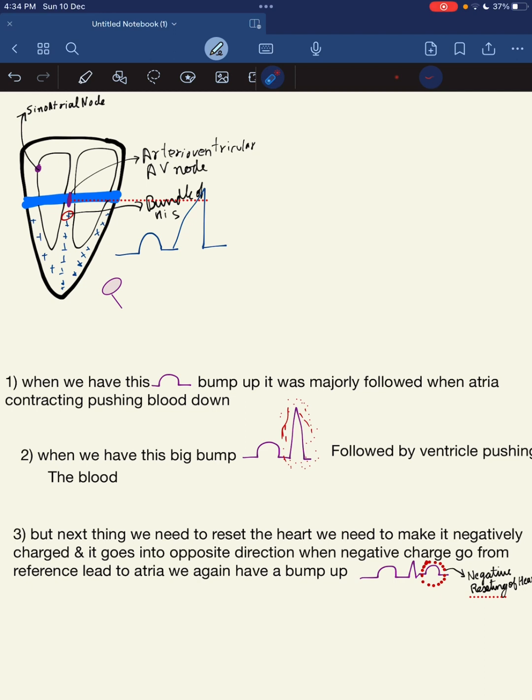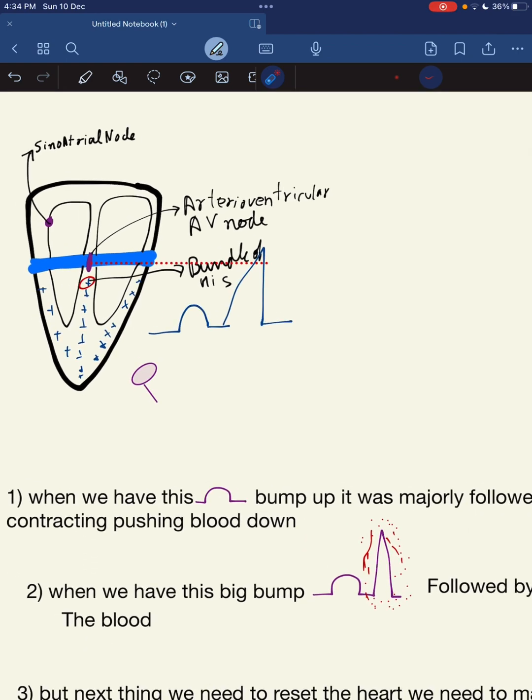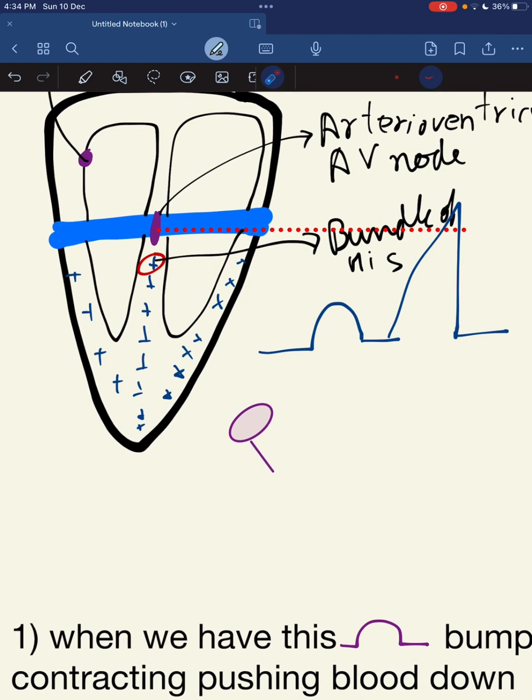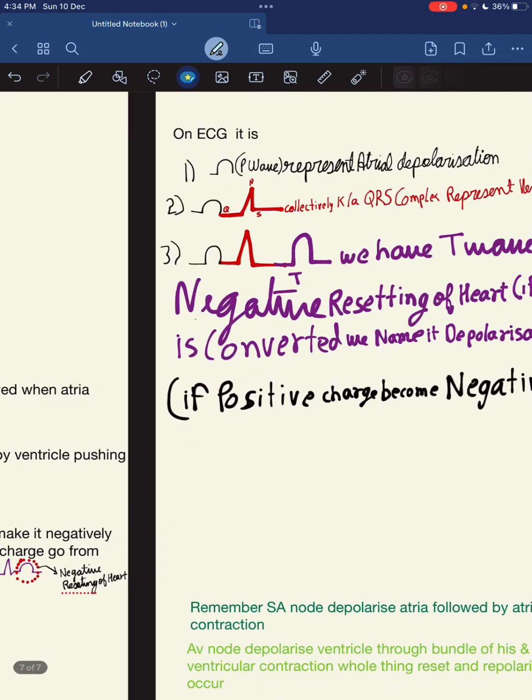Basically, repolarization is the negative resetting of the heart. We get positive charge toward the reference lead, but here the negative resetting of the heart is different. It goes like this way, negatively charged. So negative charge goes from the reference lead to the atria, and that is known as negative resetting of the heart.